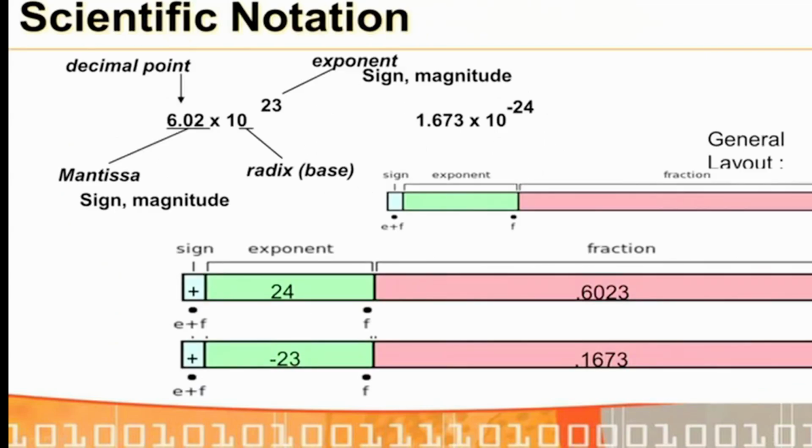Now this is overall the IEEE 754 standard. What is this number, 6.02 into 10 power 23? Remember, this is the Avogadro number.